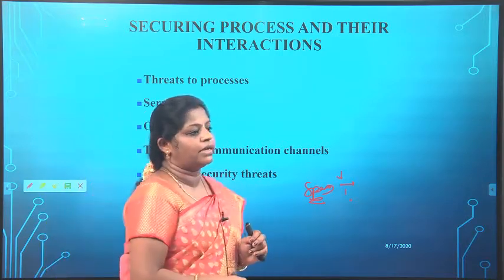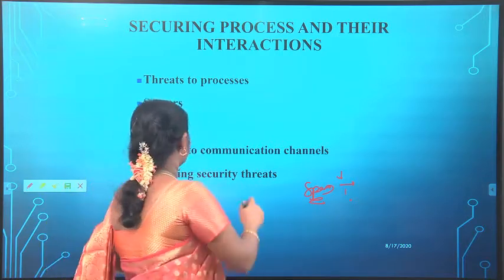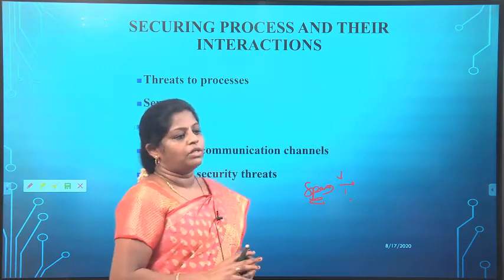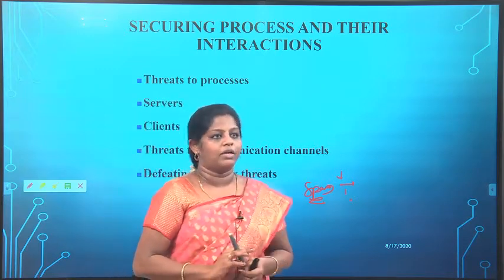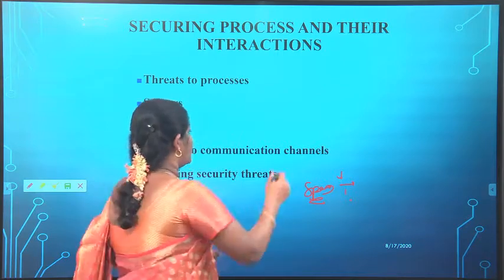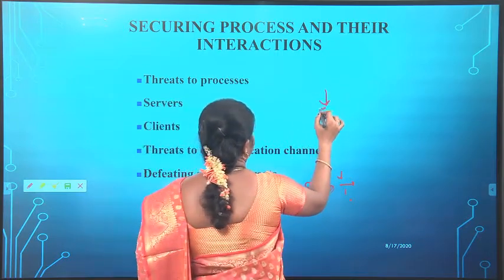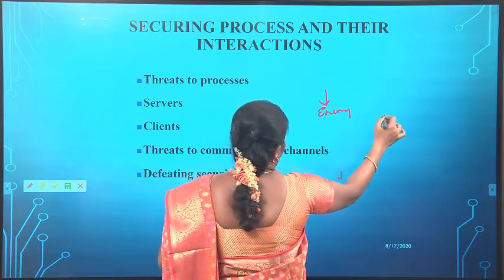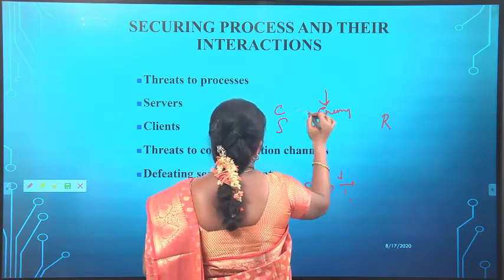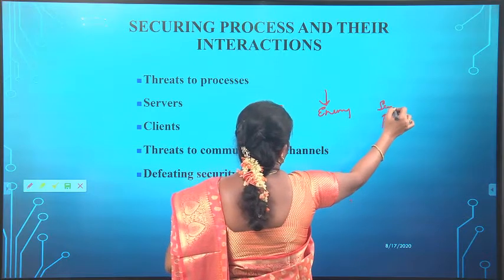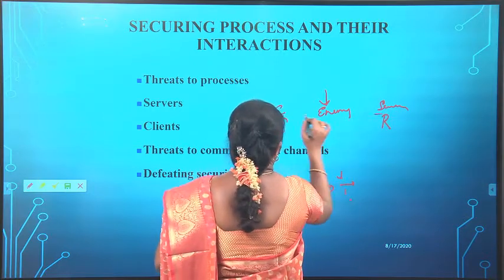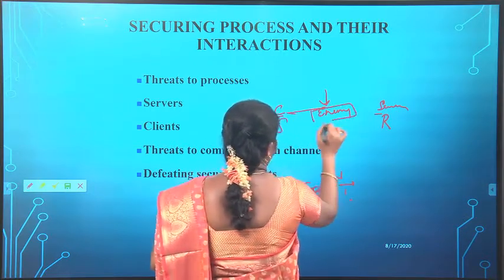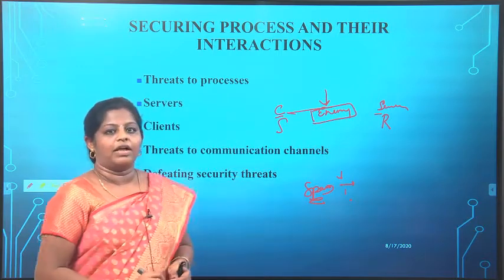Next one is threats to the communication channel. What is the threat over the communication channel? Sometimes we have an enemy in between the sender and the receiver, or we can say the client and the server.